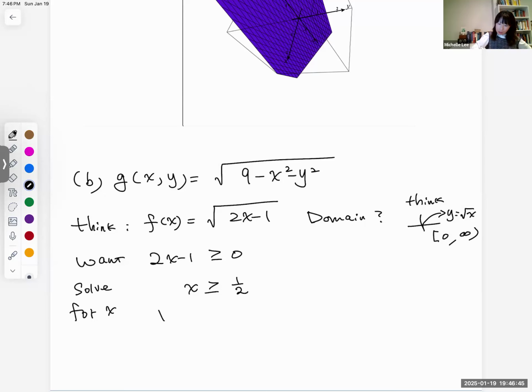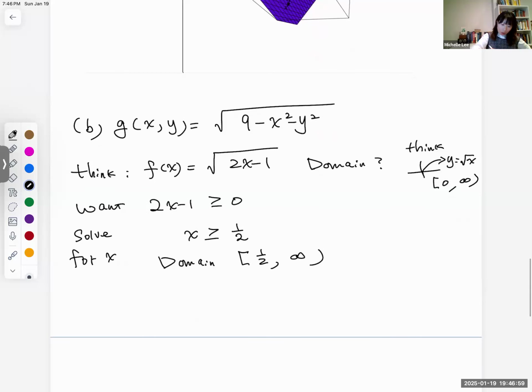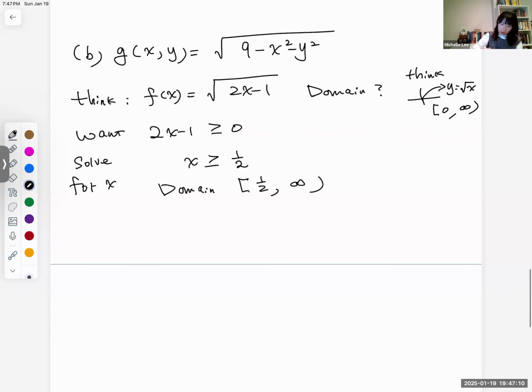Their domain starts at 1/2 and goes to positive infinity. Okay, same concept. We want the inside of the square root to be greater than or equal to 0 because we don't want the negative part, for the domain.